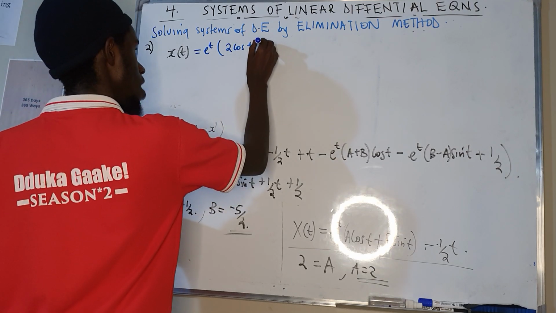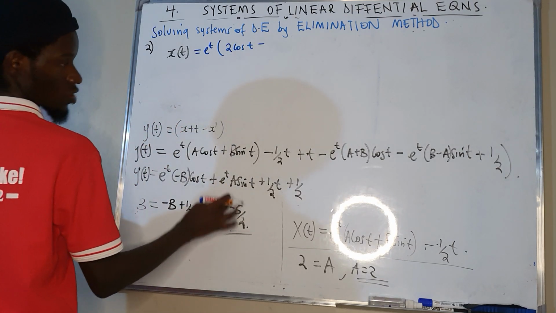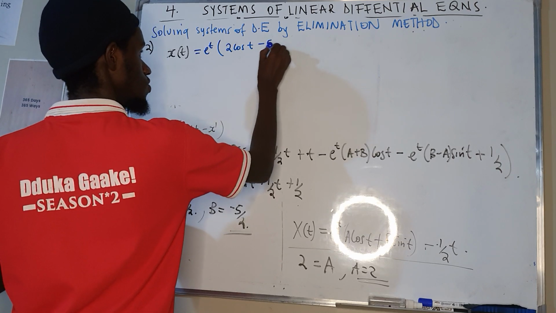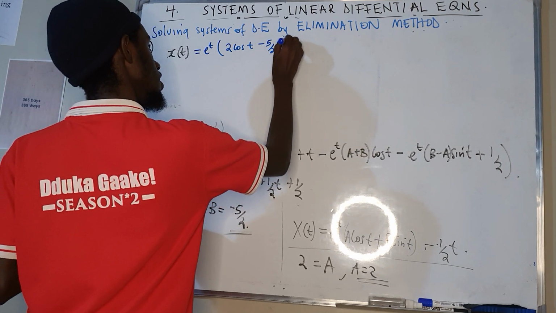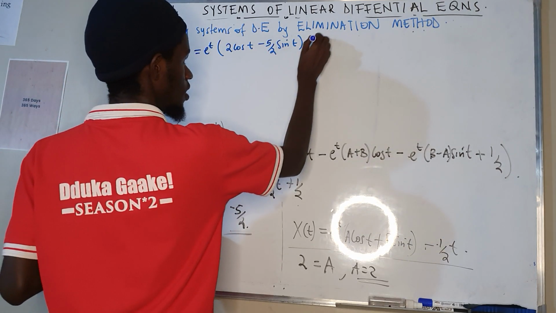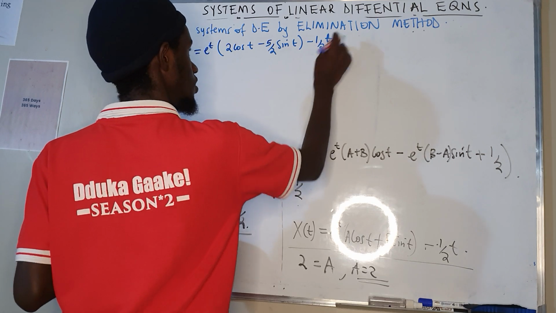Now instead of me writing b, I'm going to write there minus 5 over 2 sin t, then minus a half t, that too.